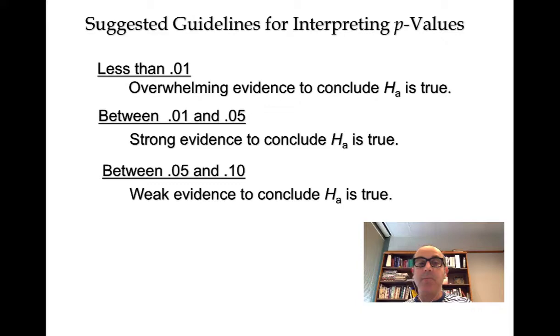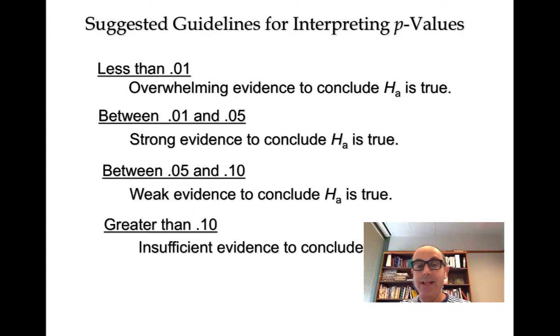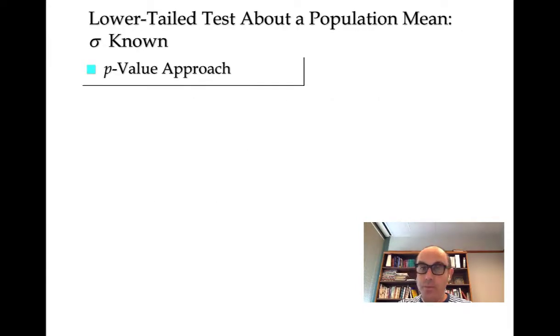And between 0.05 and 0.1, we have evidence to conclude it is true, but it is weaker evidence than when we have a stronger one. And greater than that, there is insufficient evidence to conclude that the alternative is true.